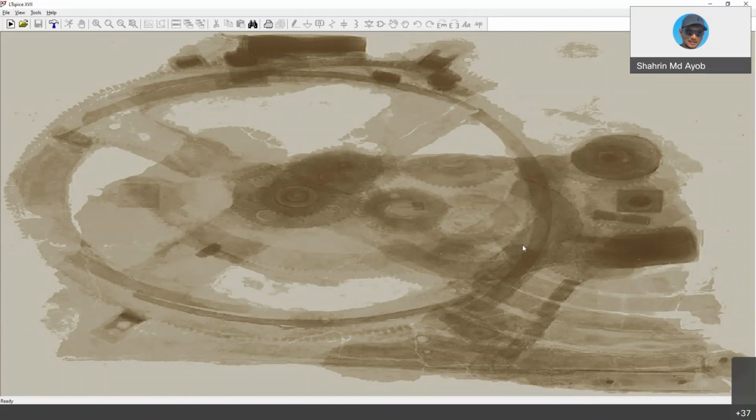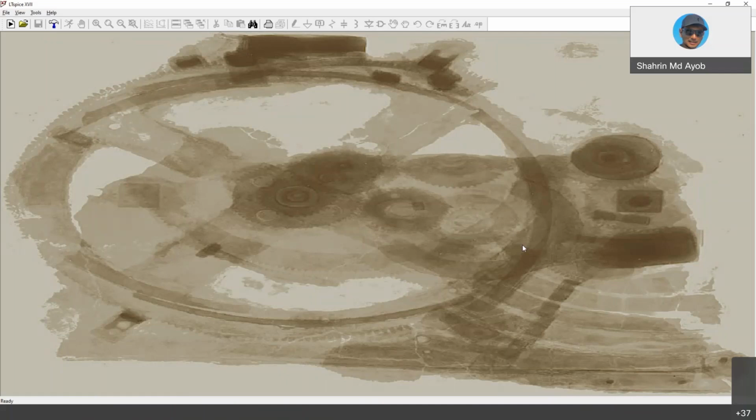LTSpice is a very lightweight desktop application to analyze circuits, but it has some limitations and can only do simulation of basic circuits. We have another advanced simulator called PSpice, which we can say is the big brother of LTSpice.